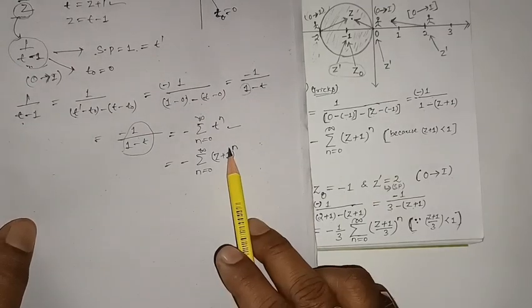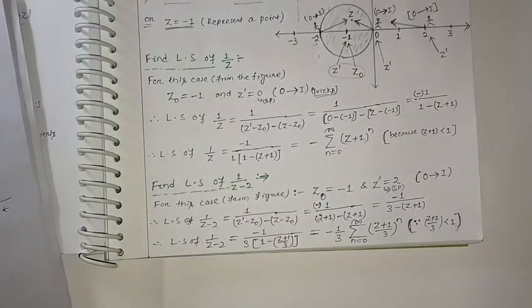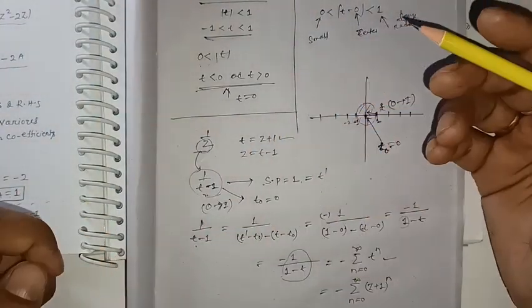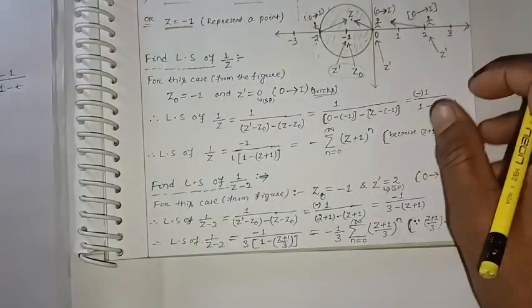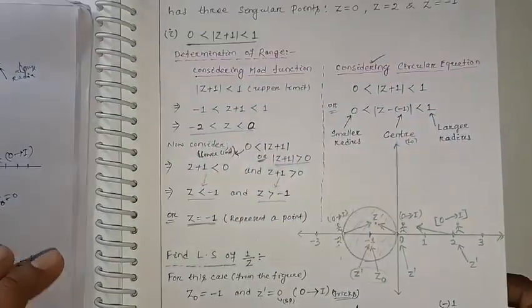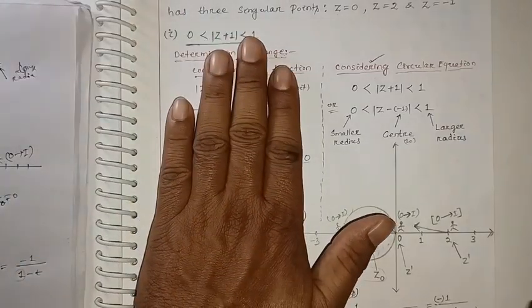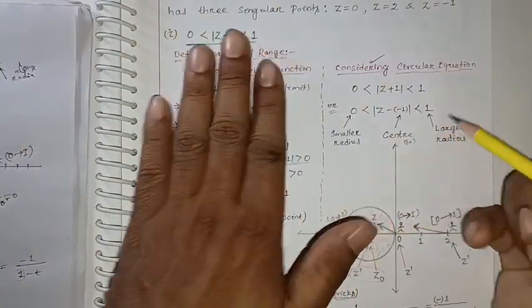So here also z plus 1 to the power n. I suggest that you go by the earlier way, because here you have to consider t and put the t again, so you are going to write some extra steps. But in that way it is straightforward. I told you that in your exam you should not write this mod function. You have to write the circular equation format.